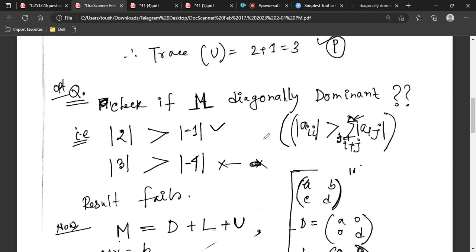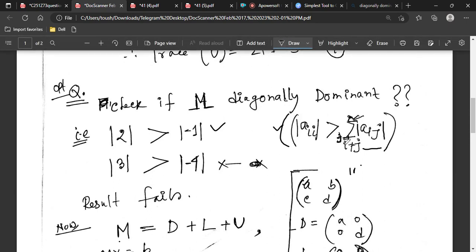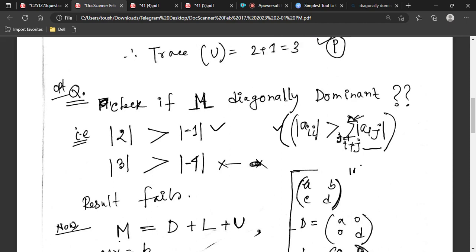What that means is, if you take any row, take the diagonal element of that row, take the modulus of that element, and see whether this is greater than the sum of the moduli of the rest of the elements. If the diagonal element is strictly greater for all the rows, then you will say that the matrix is diagonally dominant.